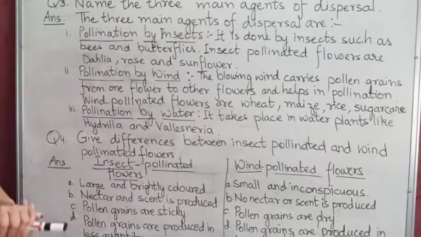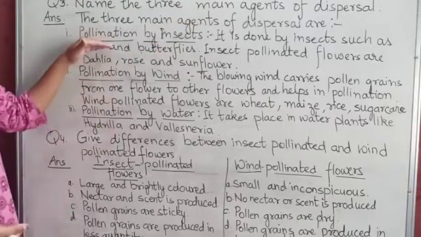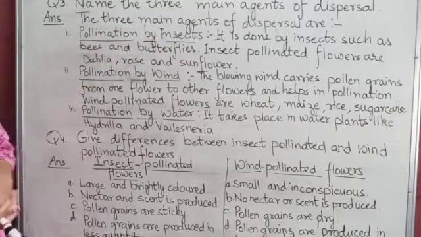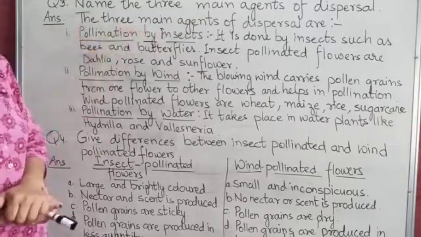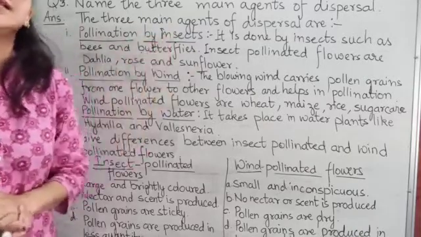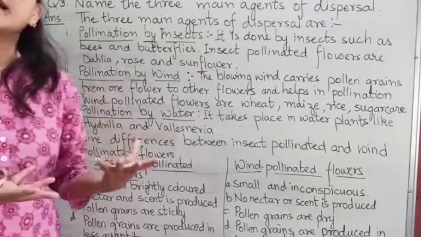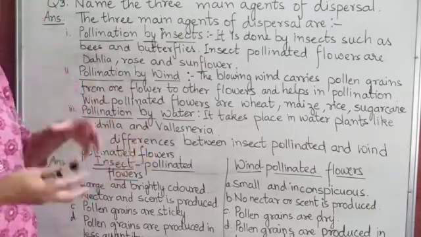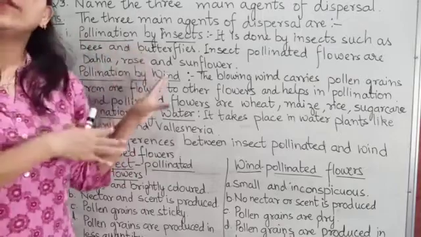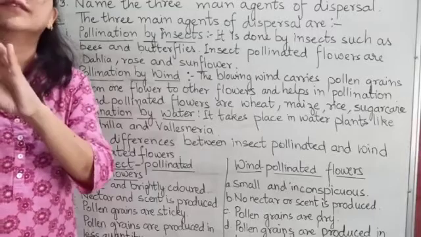So the three main agents of dispersal, first, is pollination by insects. Insects like bees, honey bees, and butterflies transfer pollen grains from one flower to the stigma of another flower.